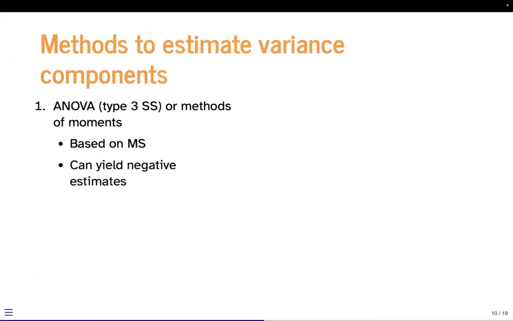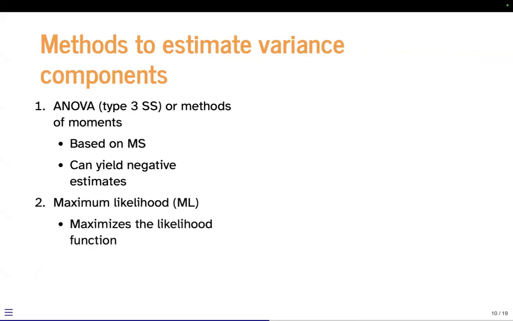Because of the way it estimates a variance component, it can give you negative estimates of variance, which should not happen. A variance should be a positive number. Therefore, this method is not the most appropriate when you have random effects or mixed effects for that matter. Another method here is maximum likelihood, or ML. It basically maximizes the likelihood function.